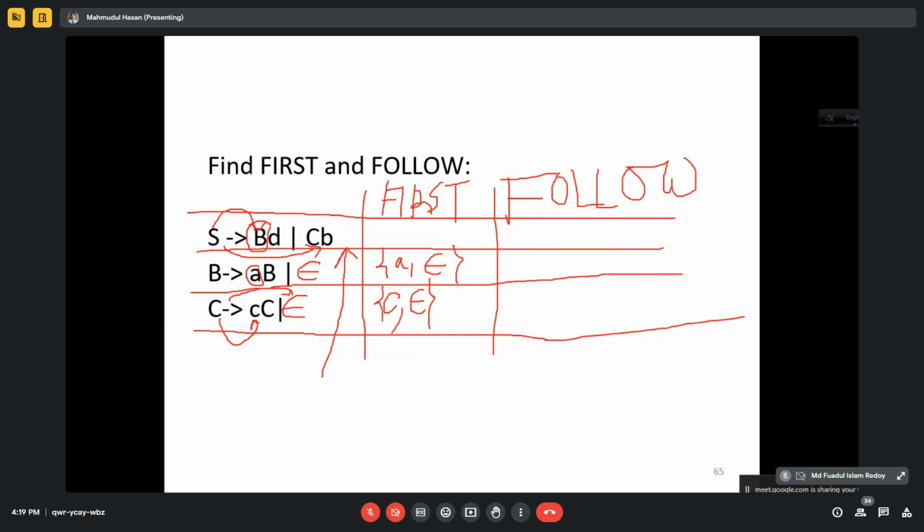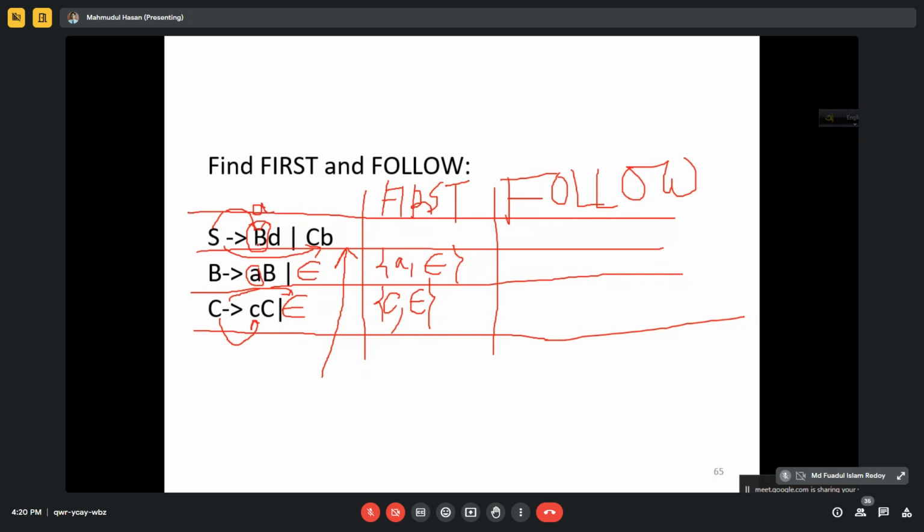As it is non-terminal, it is not possible that B will be the first value, because we know that non-terminal cannot be a first value. So you need to replace it with first of B, then it will be small letter a.